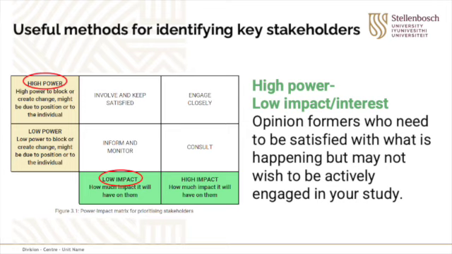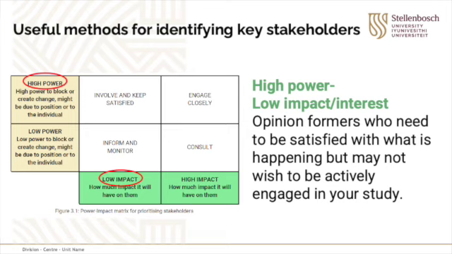If in your stakeholder mapping process you identify a key stakeholder as somebody who has high power but has low impact, then these are likely to be opinion formers who need to be satisfied with what's happening, although they may not wish to be actively engaged in your study.